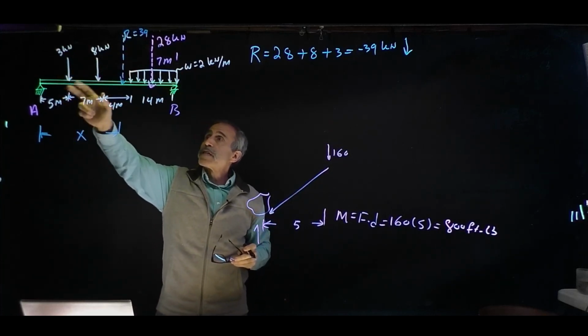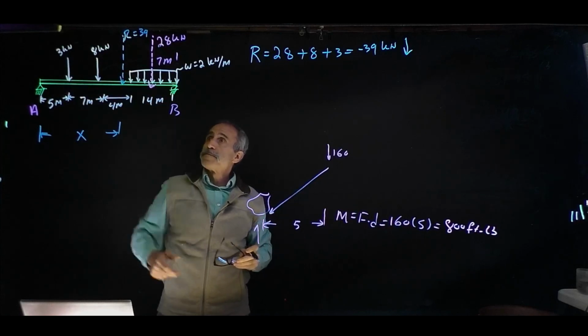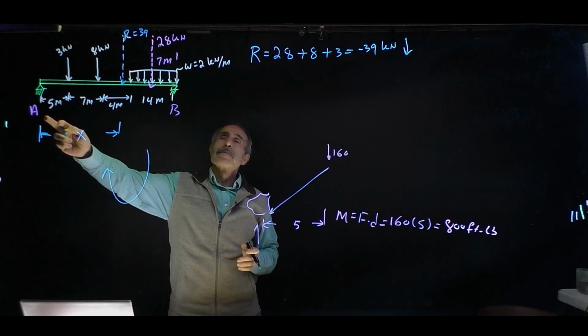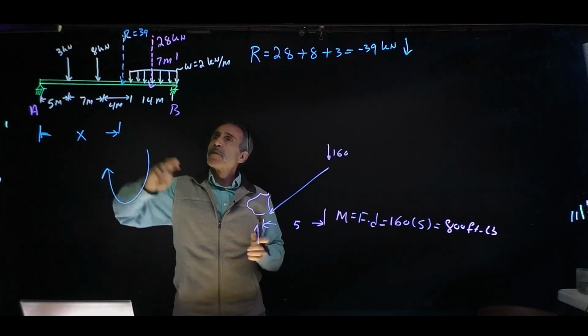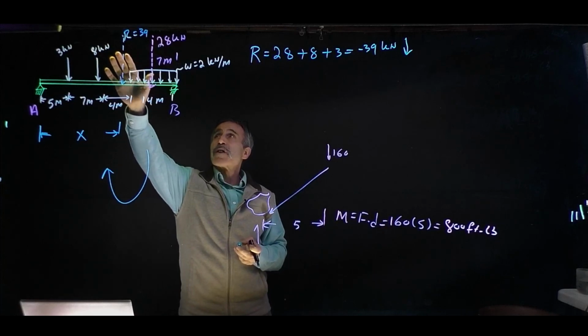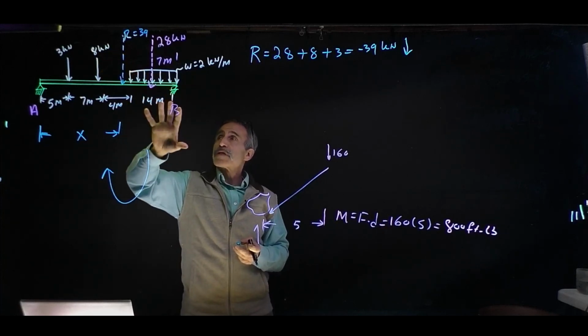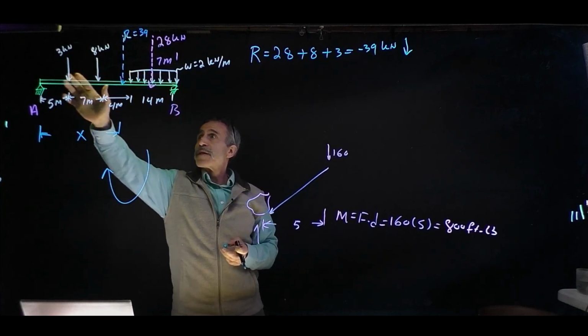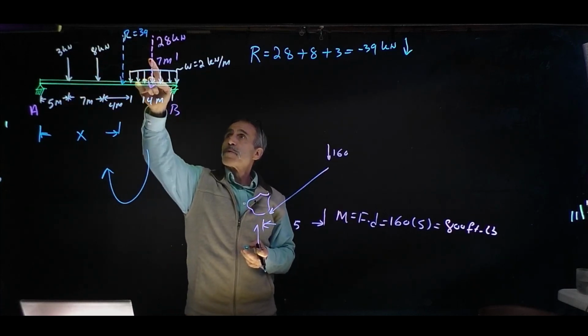What we're going to do is take a moment about point A, and when we do, it's about the loads that are out there, not including this resulting force. The forces that are already there are this, this, this. But for this one, we replaced it with that one.